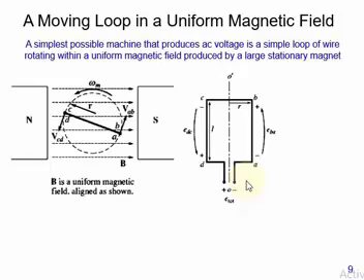If we see this ring from the top, you can see it is present in the magnetic field, and it has some direction of velocity, which is represented with V AB and V CD.